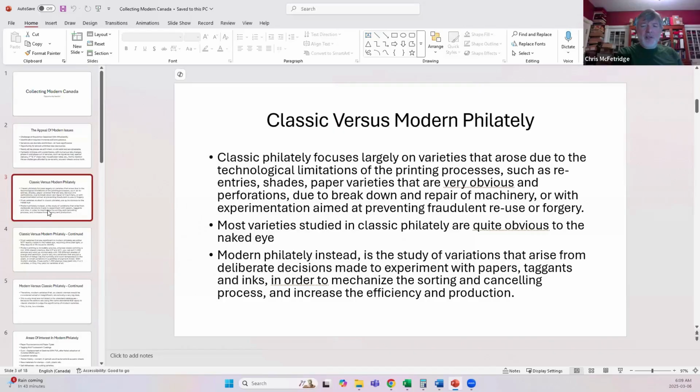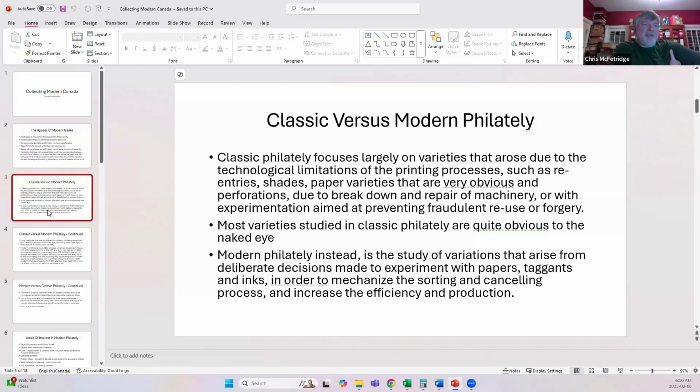Re-entries and repairs on plates, that's simply a function of the fact that the plates were not durable when they were first produced, and they wore, and they had to be reworked. Whereas in the modern period, everything is much more durable, doesn't wear as much, and you get a lot more stamps printed with a lot less evidence of anything going wrong.